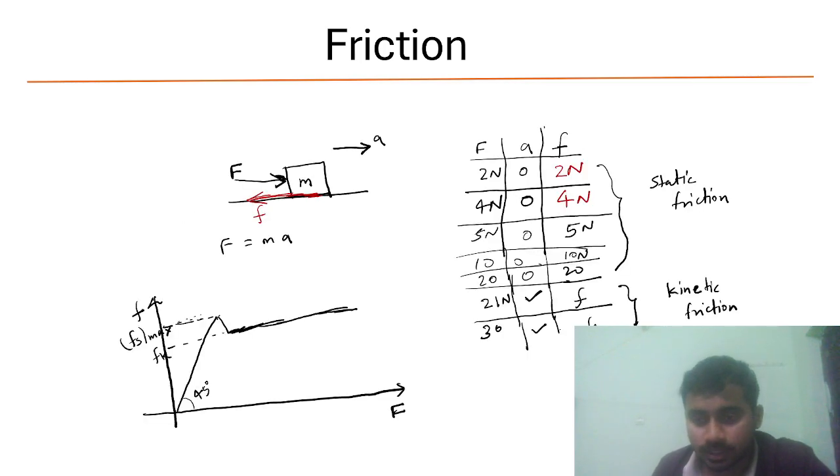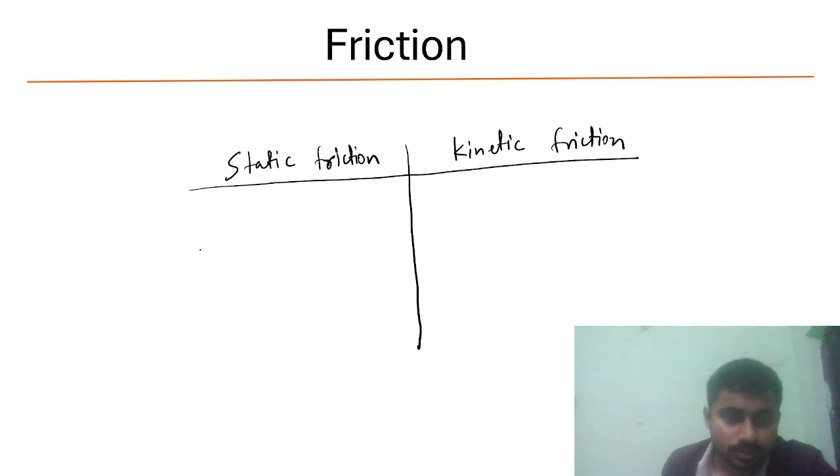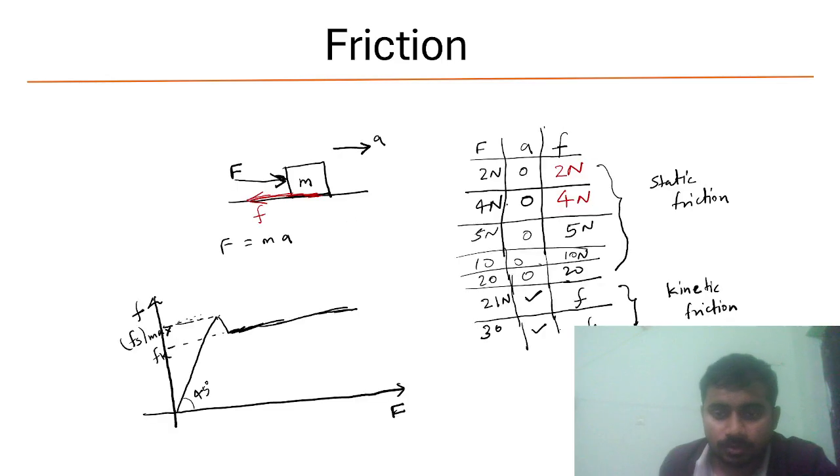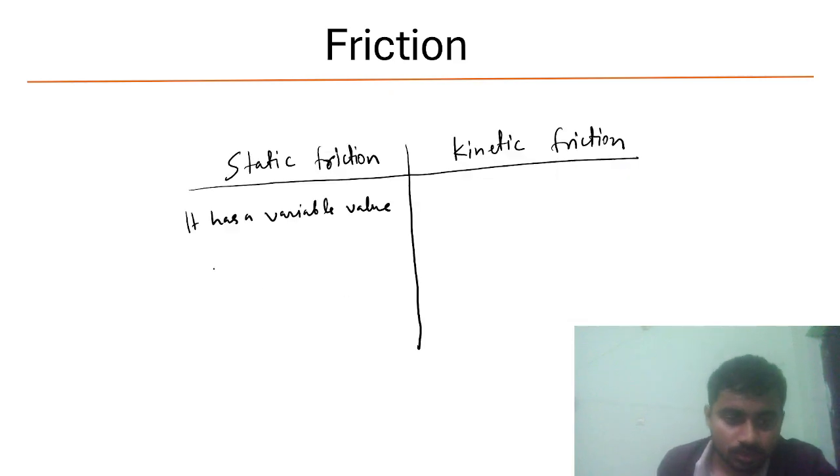It is increasing, but not always. It increases up to a certain limit only, and then it stops increasing. So it has a variable value and a certain limit.